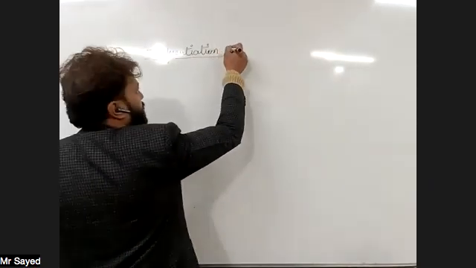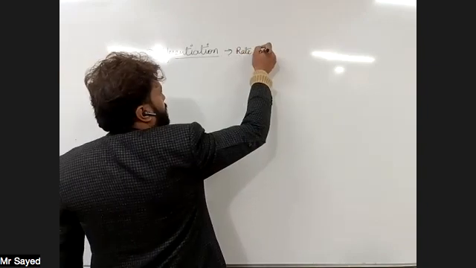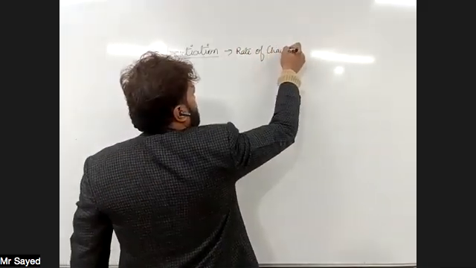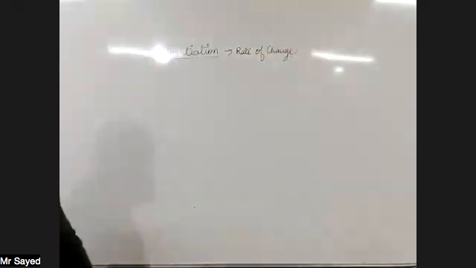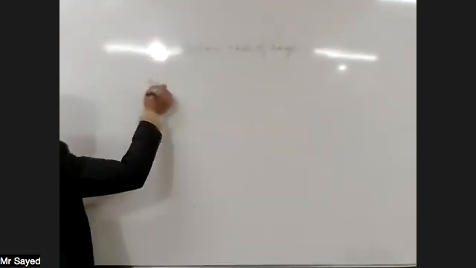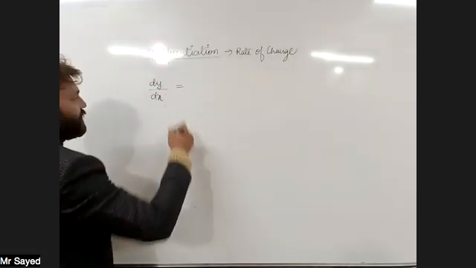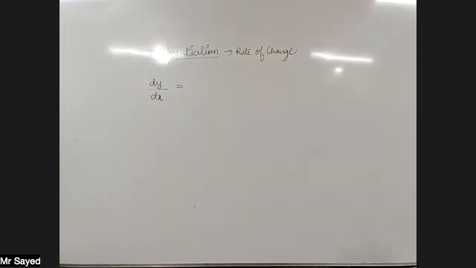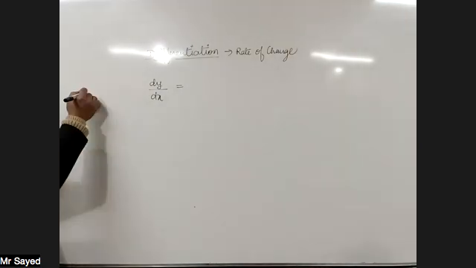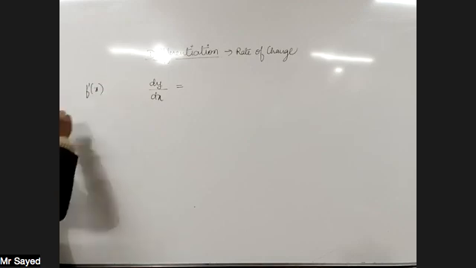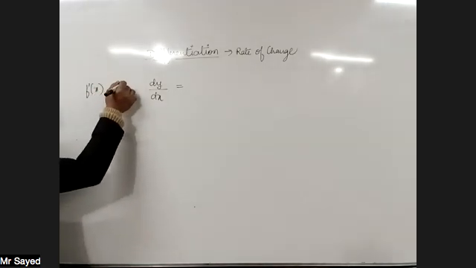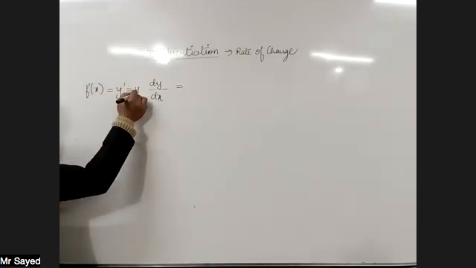The meaning of differentiation is rate of change. The normal symbol that we use for differentiation is dy upon dx. There are all the other symbols also, like we can use f dash x, we can use y dash, we can use y1.